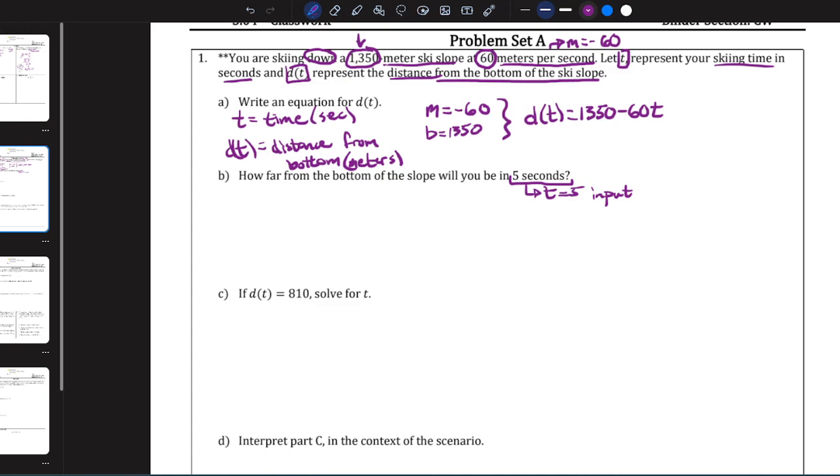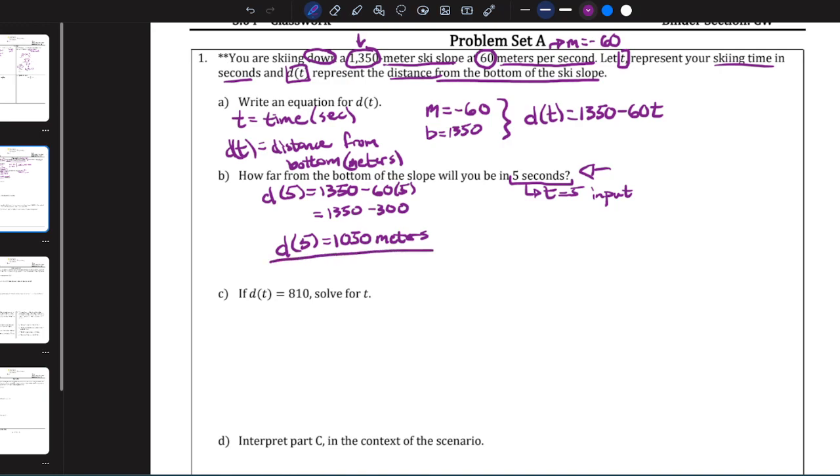And so I'm going to substitute: d of 5 is going to be 1,350 minus 60 times 5, which is 1,350 minus 300. And so d of 5 is going to be equal to 1,050 meters.